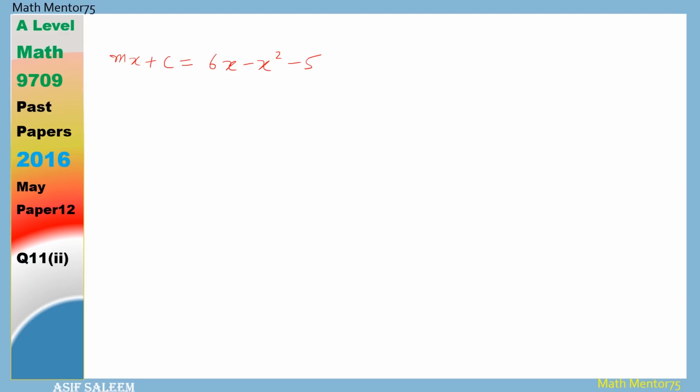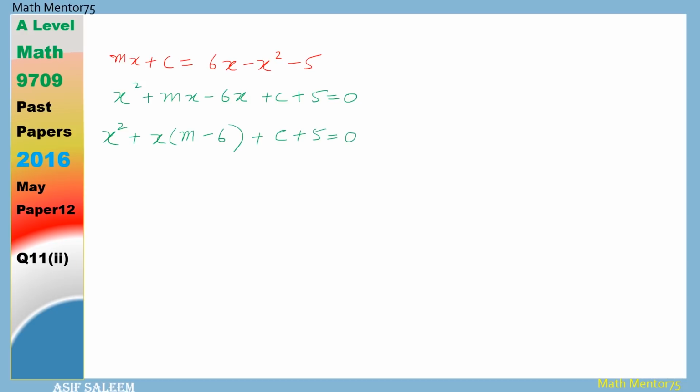So we have x squared plus mx minus 6x plus c plus 5 equal to 0. We have only one term of x squared, so write x squared, two terms of x, so let's take x common. We have m minus 6. Then we have the constant terms c and 5.